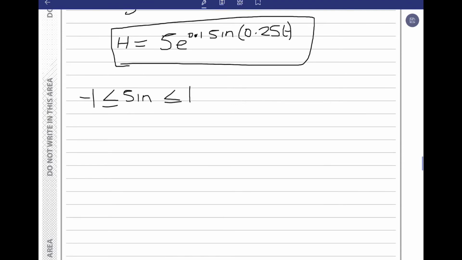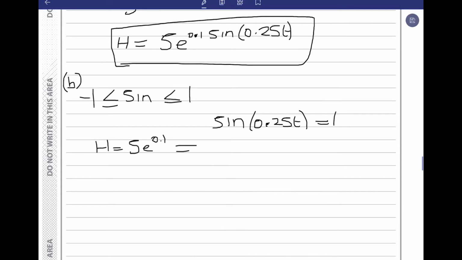So this is part B here. Let's set sine of 0.25t equals 1. We're not too bothered about which value of t makes it this for now. And therefore we get h equals 5e to the 0.1.